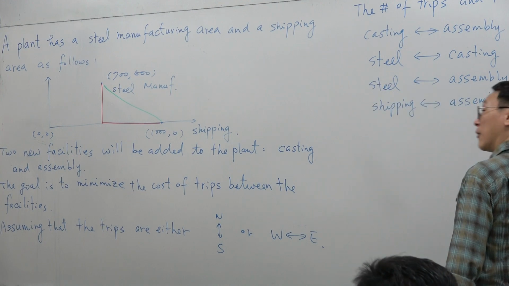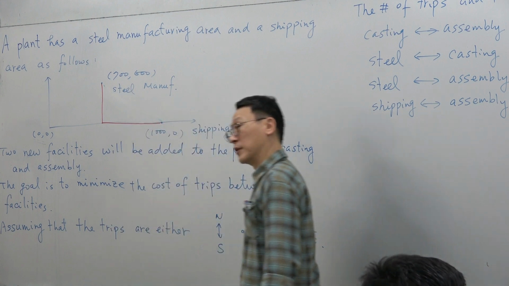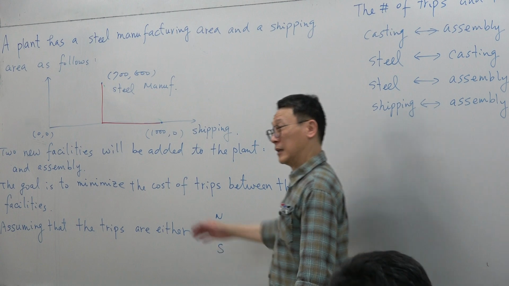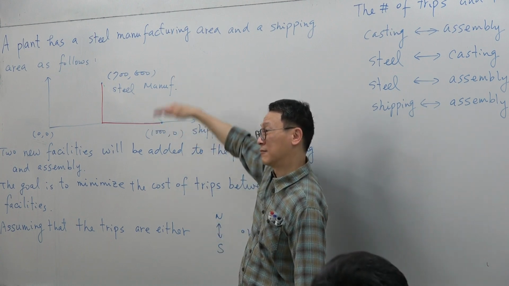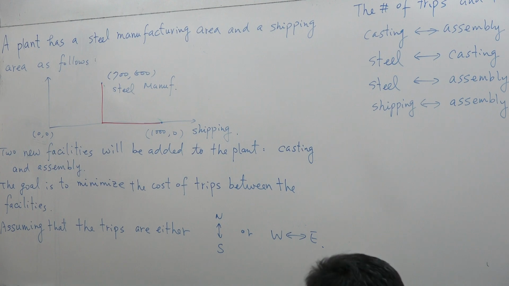But in our example, the calculation of the distance is based on the rectilinear one, because the road looks like that. So sometimes for roads we utilize the rectilinear distance to represent it.